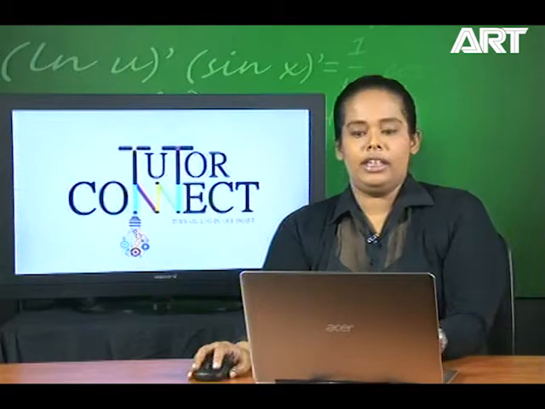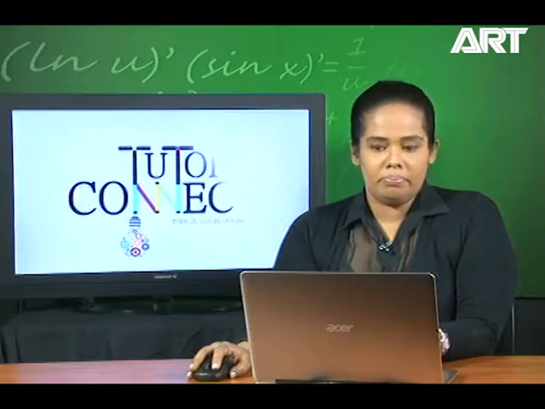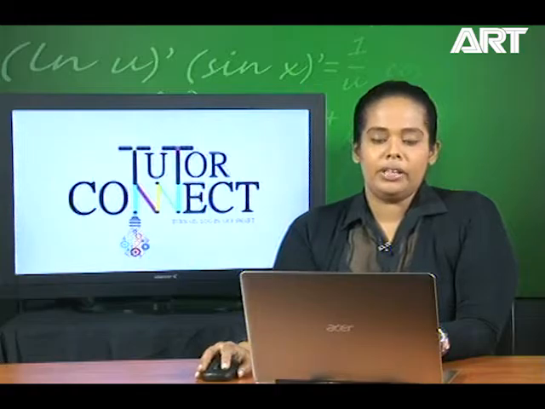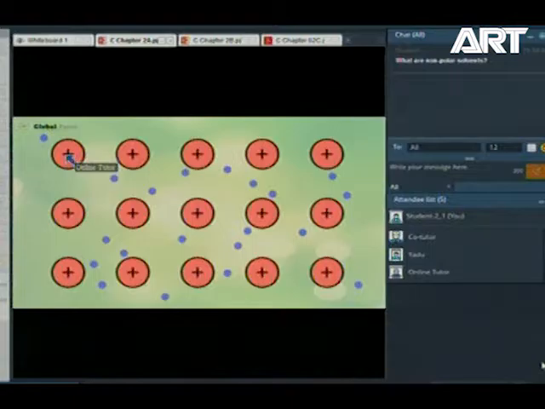Now, we will see another type of bond which is called a metallic bond. This is an interesting type of bond. Here you can see plus ions, and these blue colored ones are electrons. So, these plus ions are a certain kind of metallic ion.